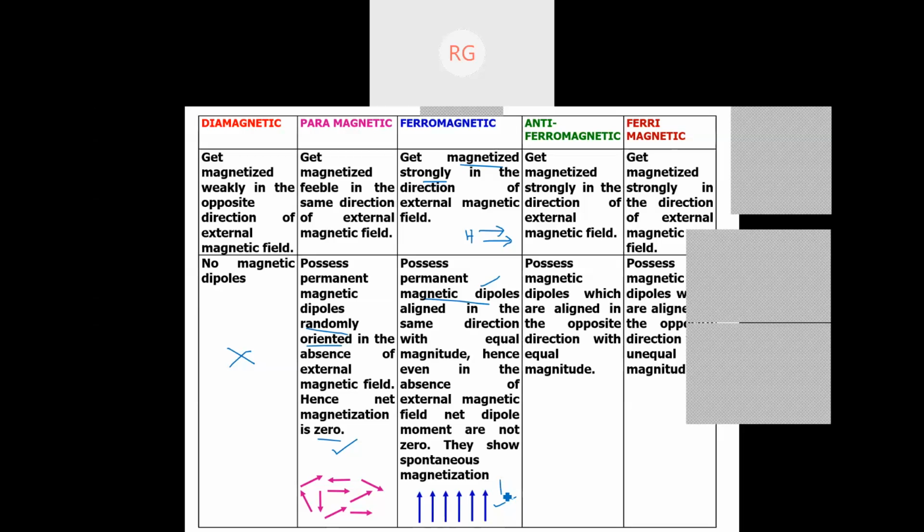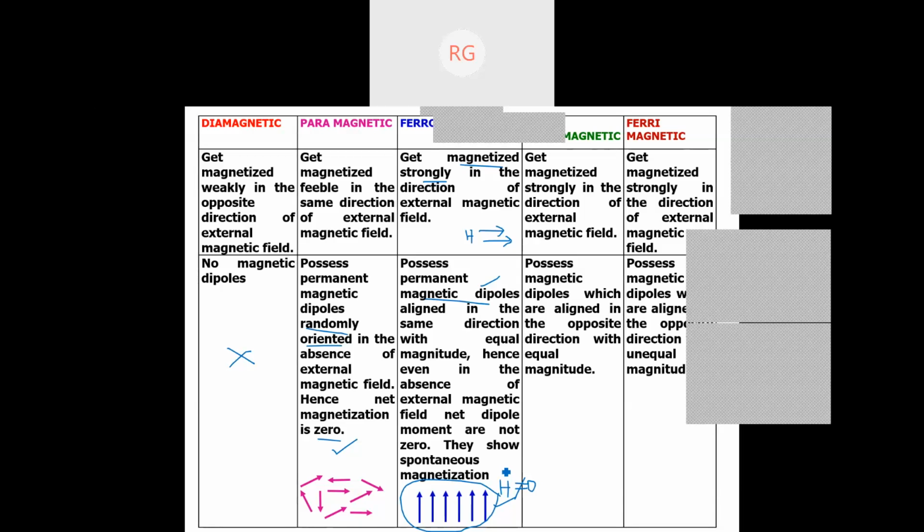Even if H is zero, no external field is applied, still they show the alignment of magnetic dipoles in the same direction. When they are showing the same direction, it means that net magnetization is not zero. That means even in the absence of external magnetic field, they show magnetism.